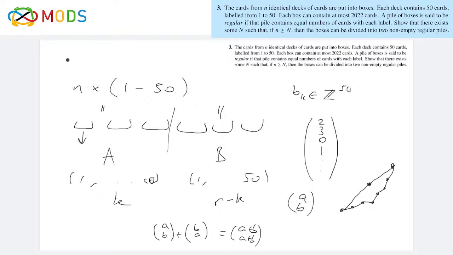Sure, the 50-dimensional case will follow from the 2D case, right? Yeah, I'm pretty sure. So let's just try some stuff.